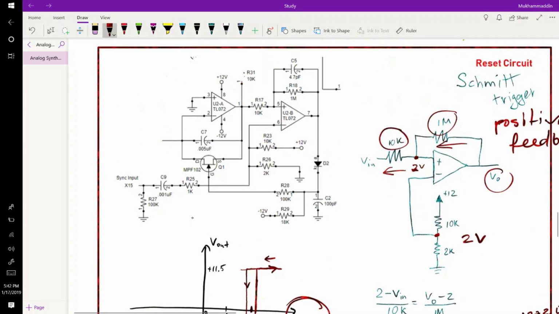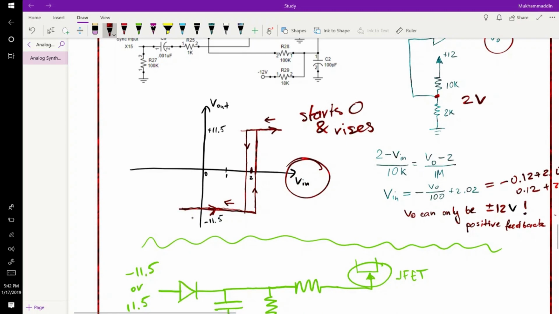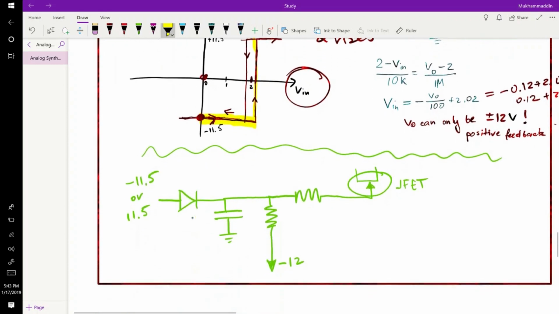So our ramp voltage starts from 0 and rises. It reaches 2.14 or 2.2, and it shoots up to 11.5. So initially the output is at negative 11.5.